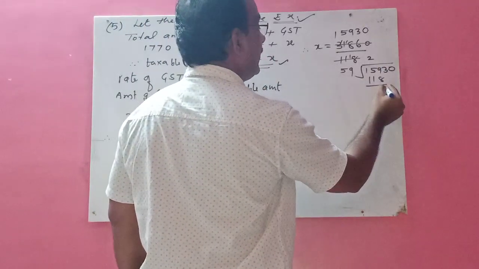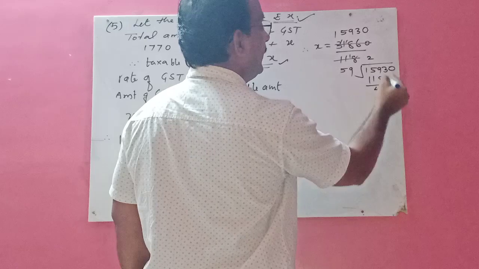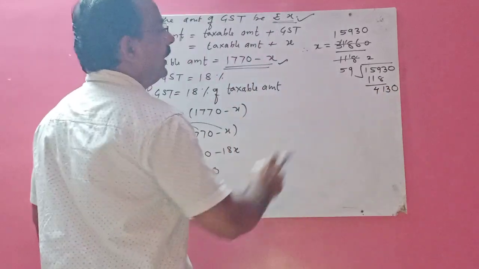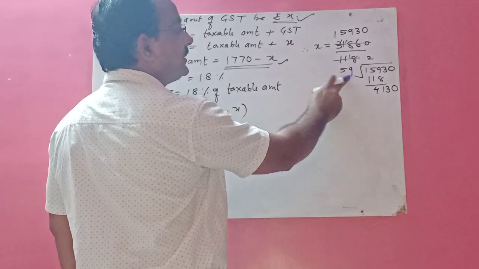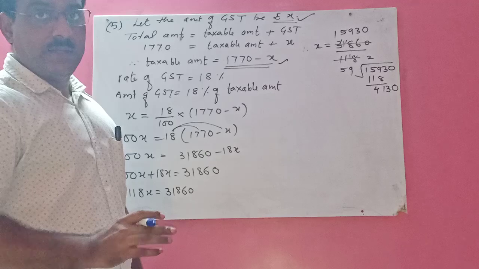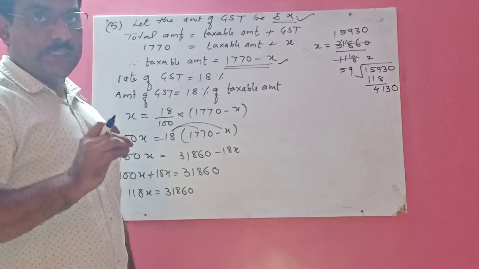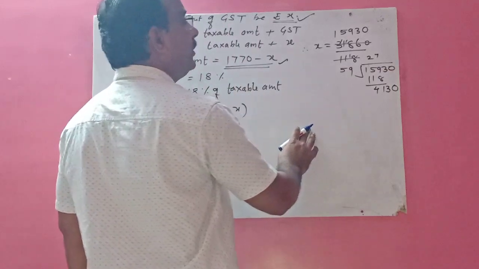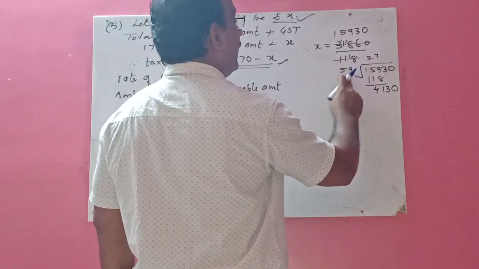Now 9 minus 8 is 1, 4 minus 1 is 5. This is 3, 4 1 3 and 0. 7 nines are 63. If I multiply 59 by 7, the unit place is 3, so I will check with this. Let me write 7 here.